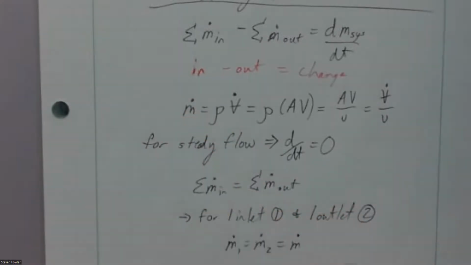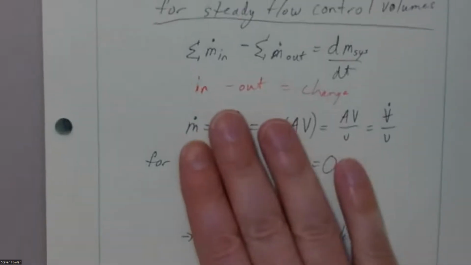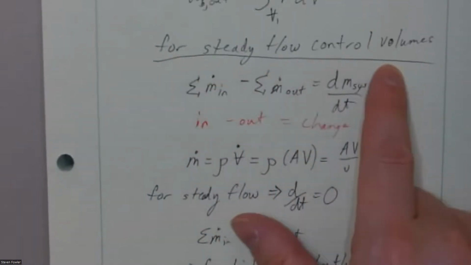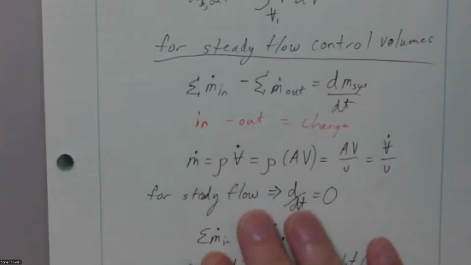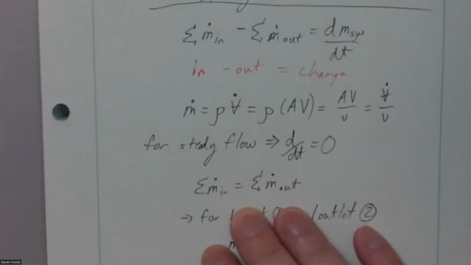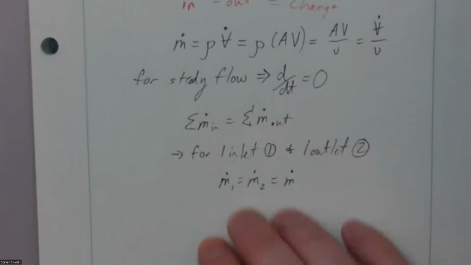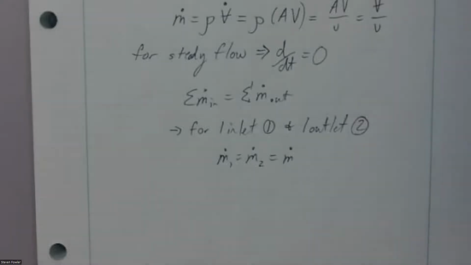And it'll be the same m dot at the outlet if it's one inlet, one outlet, and steady flow. Now, again, we're looking at steady flow control volumes, and we're really focusing on the first law. But because I've got mass flowing, we need to spend a moment to talk about conservation of mass to get there. Now that we've discussed conservation of mass here, let's talk about how the first law is impacted.